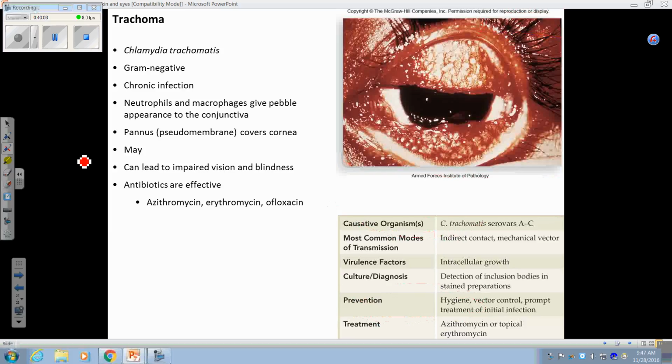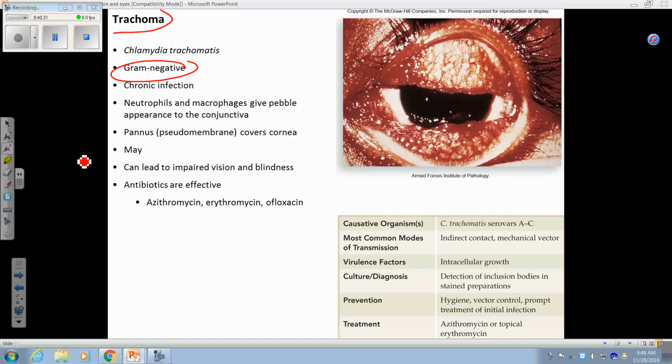Now, this is a characteristic infection of the eye that is called trachoma, caused by Chlamydia trachomatis. It's a gram-negative intracellular microbe. When inflammation ensues, the neutrophils and macrophages cause this pebbled appearance.